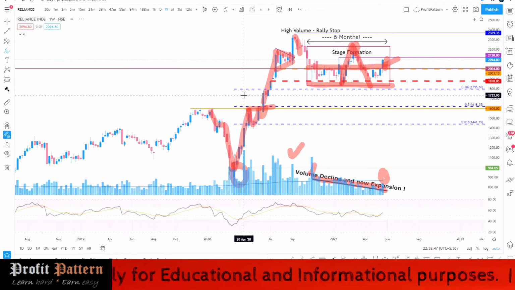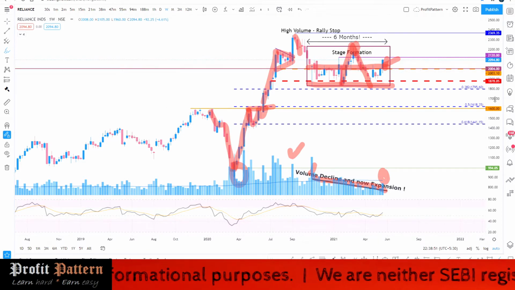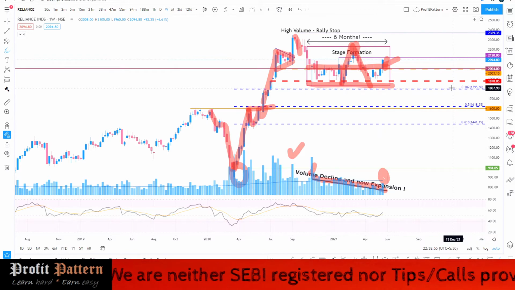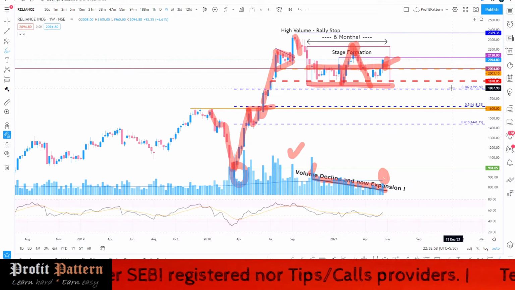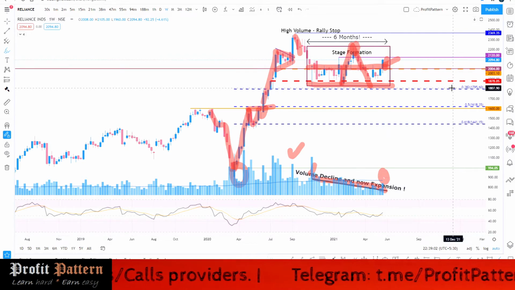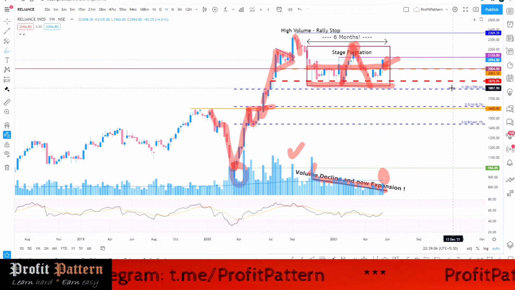This is a weekly time frame, and on the weekly time frame the stock has just taken the 0.382 Fibonacci level, and from there it has respected it. It has just taken support, and now it's trying to move higher.